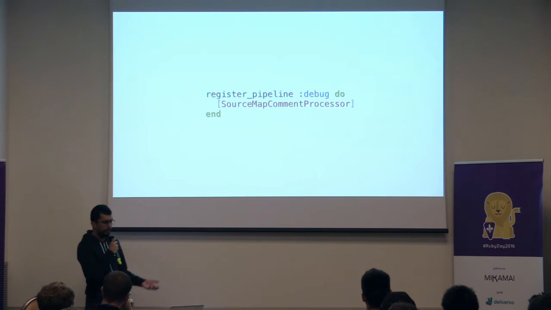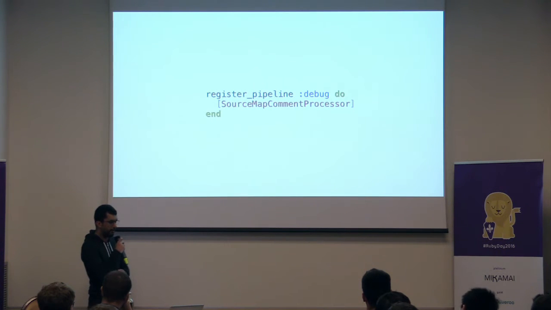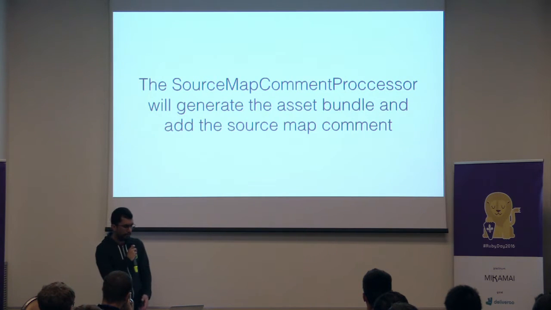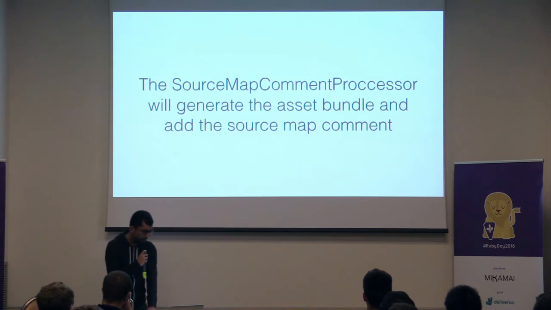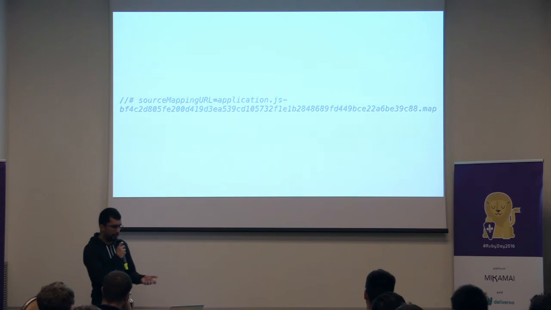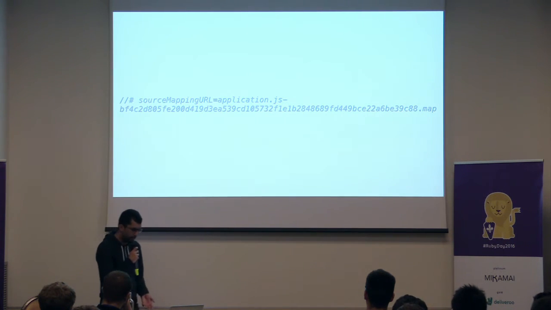What this pipeline has is only a source map comment processor. And this source map comment processor is going to generate the assets bundle and add the source map comment in the end. The source map comment in the end looks like this. It's just a regular JavaScript comment with a special declaration to a source map file.